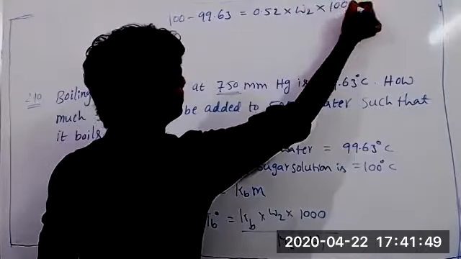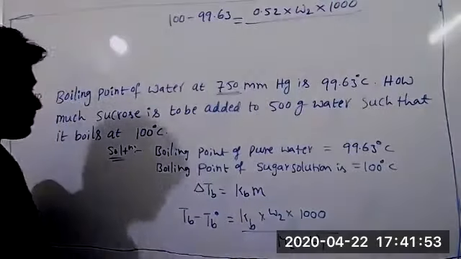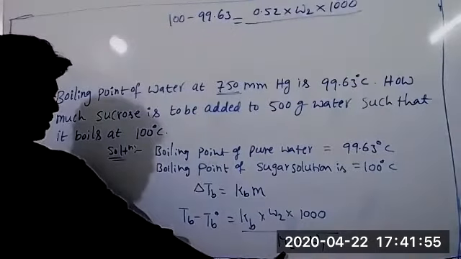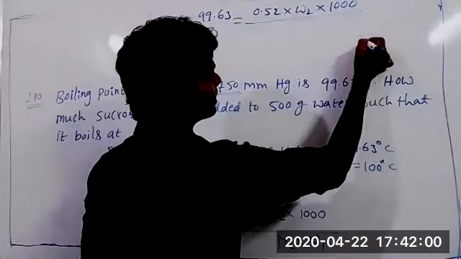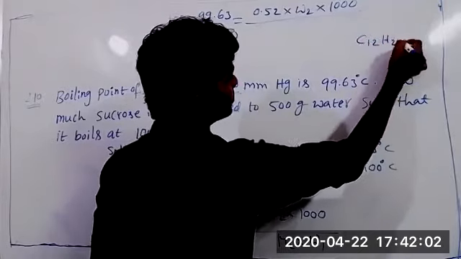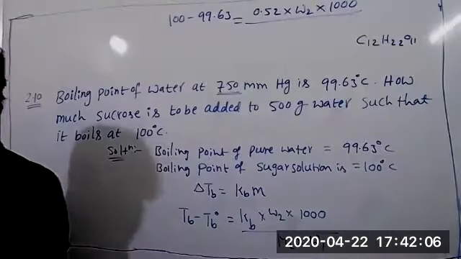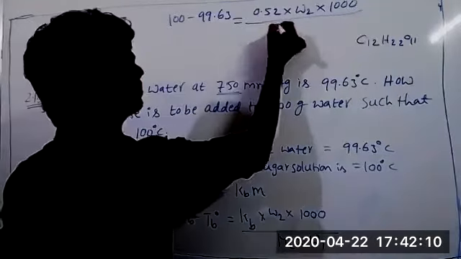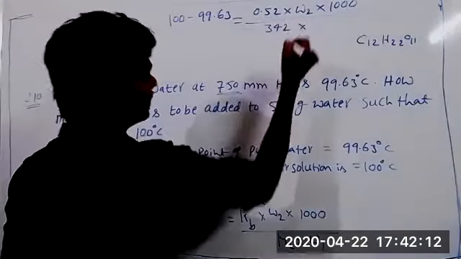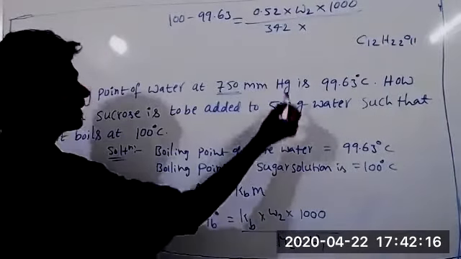Into 1000 divided by M2, the molar mass of sucrose. The sucrose formula is C12H22O11. Calculate its molecular mass: 342. Into W1, the mass of water. Solvent is water, 500.